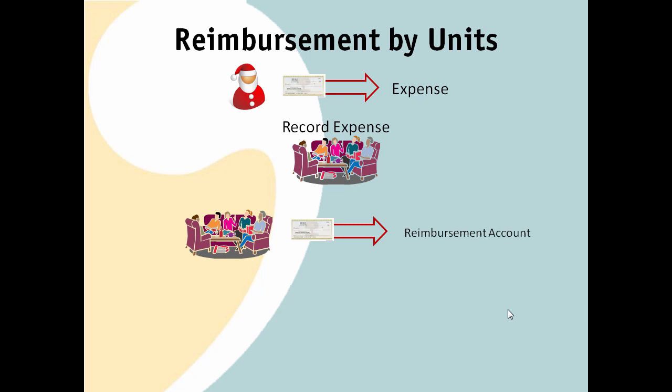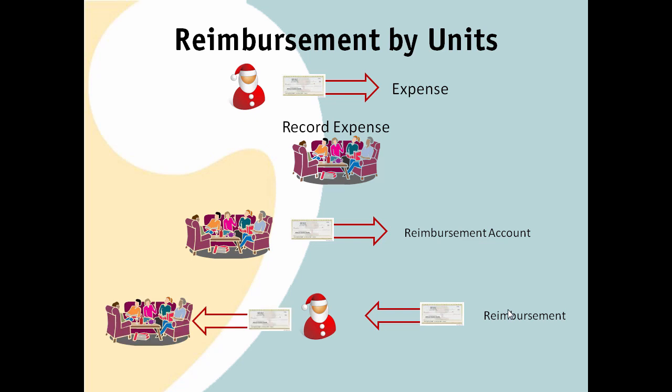But instead, you take the amount of the expense out of club assets by recording it in a temporary dummy account, which you can name something like reimbursement or out of pocket. Then you record a member payment for the member being reimbursed. You say the payment is made into the reimbursement account. It's as if you gave it to him and he turned around and used it to make a new payment to the club. You don't actually have to give him a check, you just record the payment.